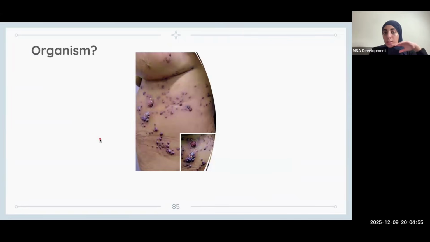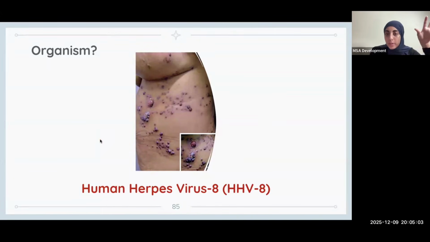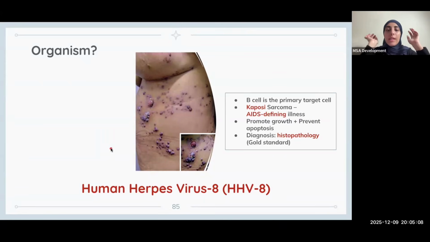Now our next presentation is this one. This is Kaposi sarcoma, human herpes virus 8, okay? Now, you see this very purplish rash. It's very distinct for Kaposi sarcoma, and it's due to human herpes virus 8.